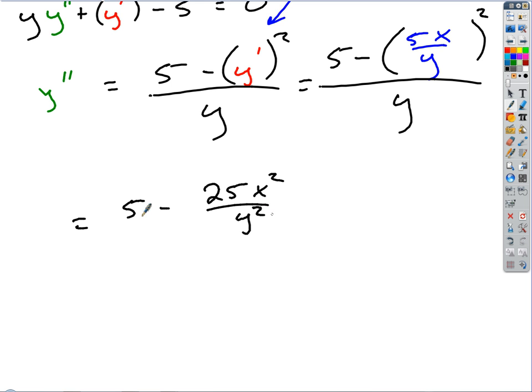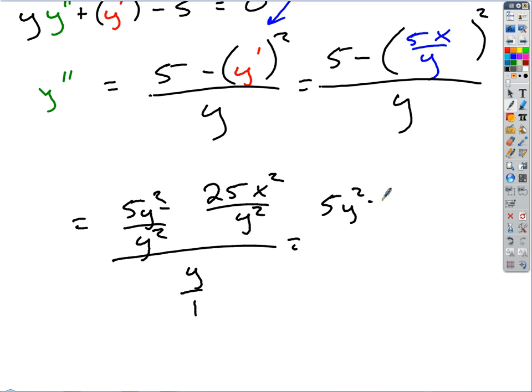So 5y squared over y squared, that's my numerator, all over y over 1, right? So let's write the top with a common denominator. So that's 5y squared minus 25x squared over y squared, everybody agree?